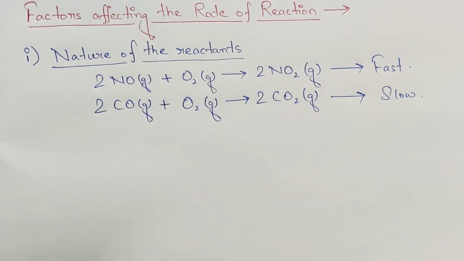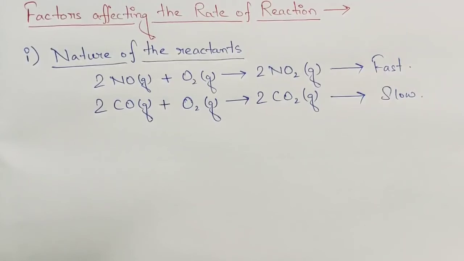So why is this so? This is because different amounts of energies are required to break the different bonds, and different energies are released for the formation of different bonds. So the bond breaking and bond making parameters are responsible for the various rates of reaction. For the formation of bonds energy is released, and that energy depends on the nature of the reactant.